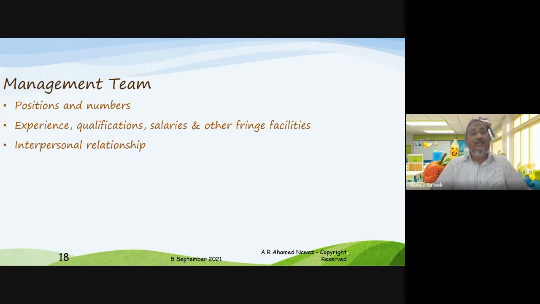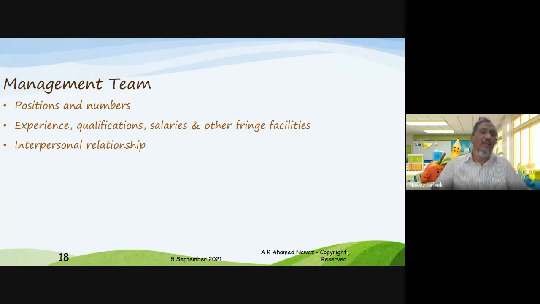And the important part is, within the management team, to what extent the interpersonal relationship has been built up. Do they work in watertight compartments? Sometimes you may find certain organizations where there's no relationship with the top-level people.